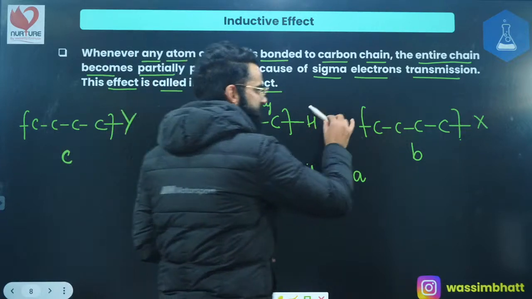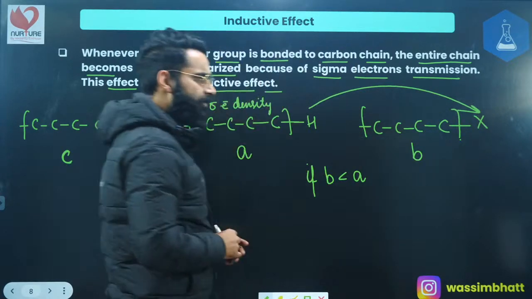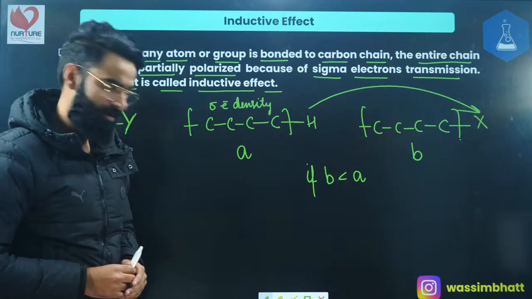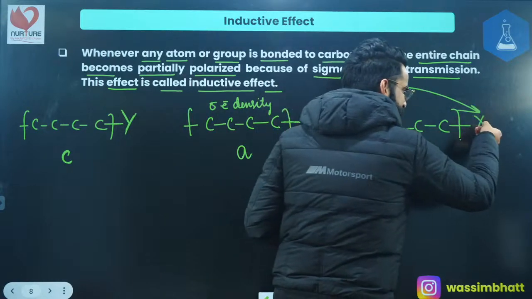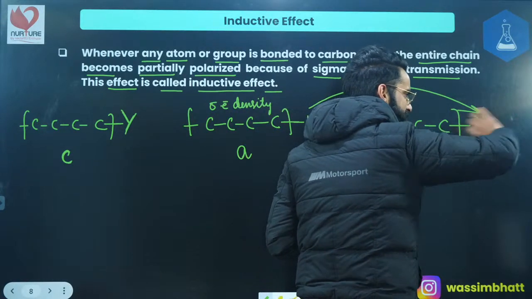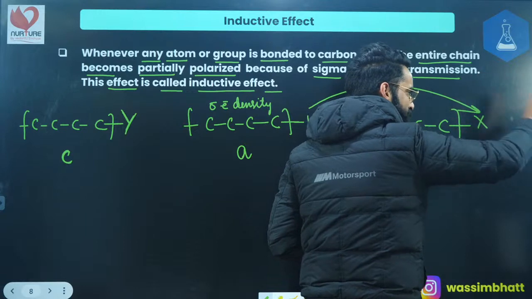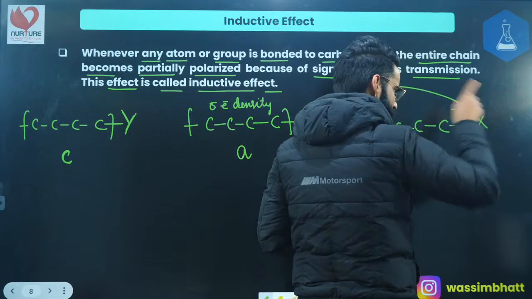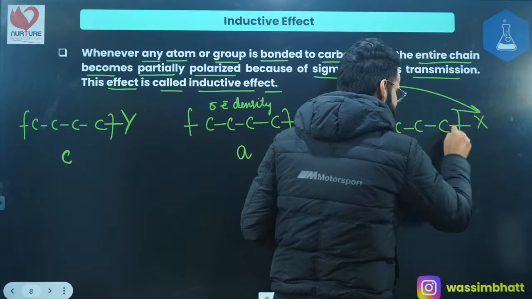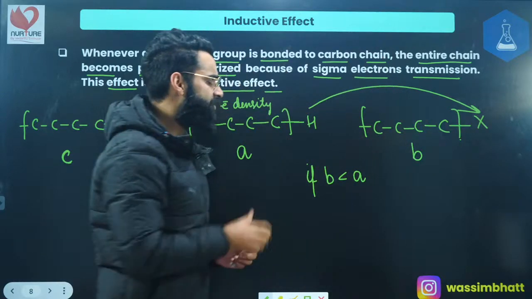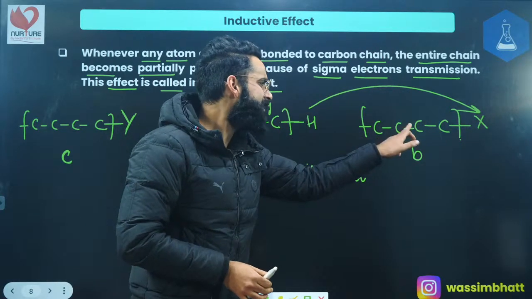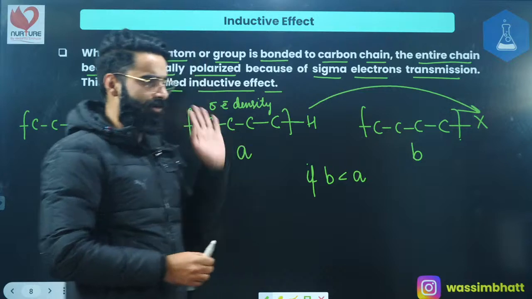When hydrogen was replaced by X, this X pulled the sigma electron density towards itself, due to which sigma electron density in this chain decreased. And that's why the sigma electron density in this chain came out to be less than that in this chain.